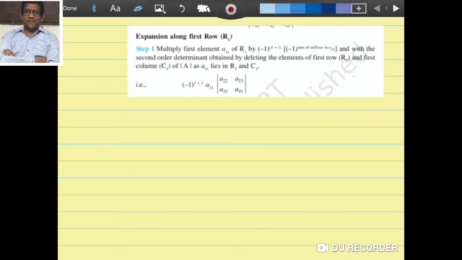Expansion of a determinant of order 3 along the first row, that is R1. Step 1.